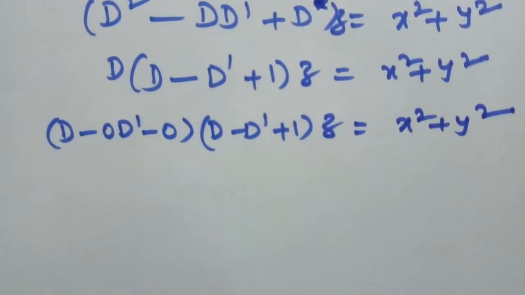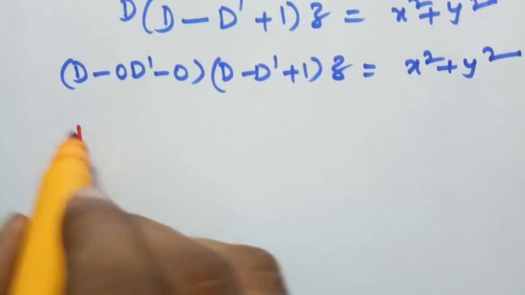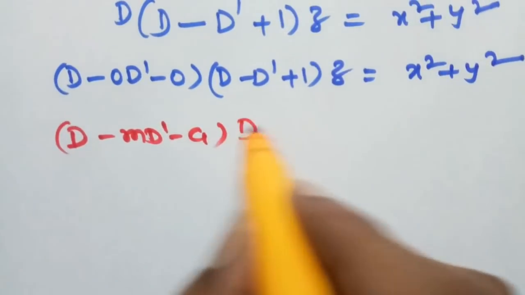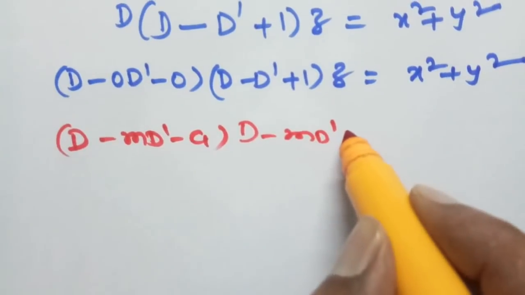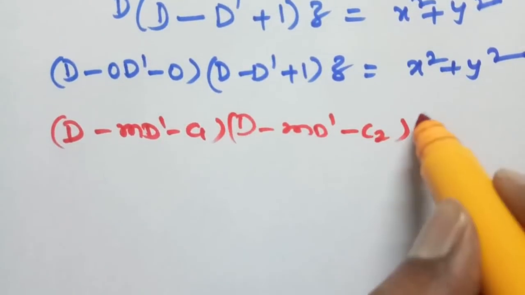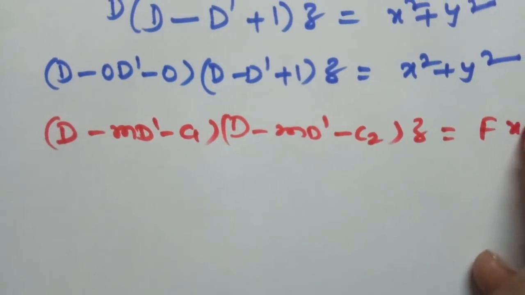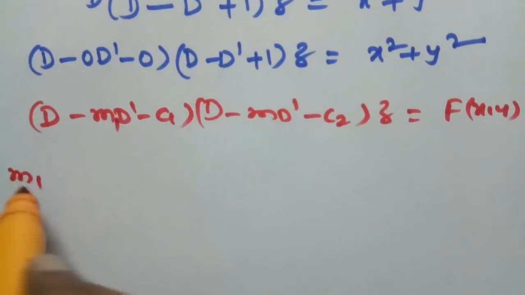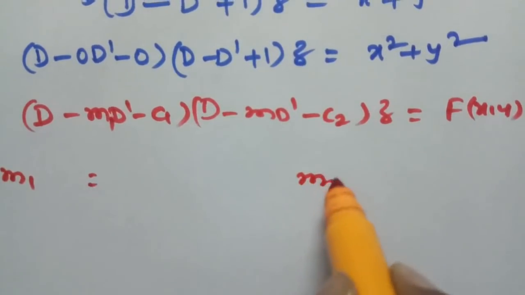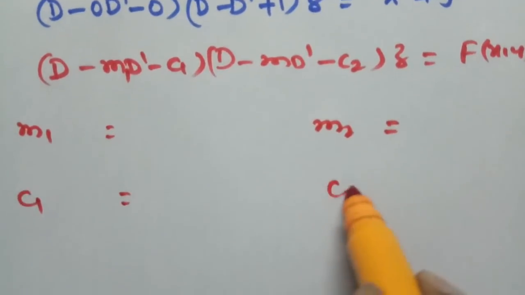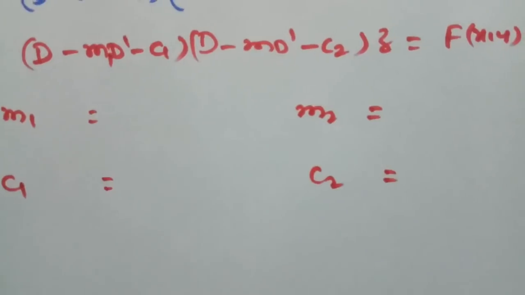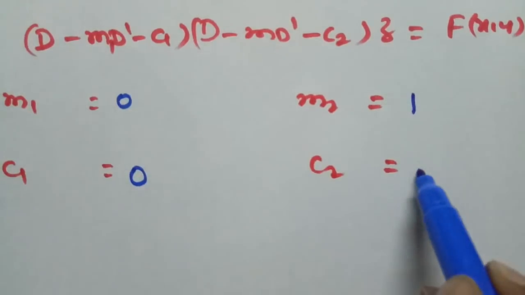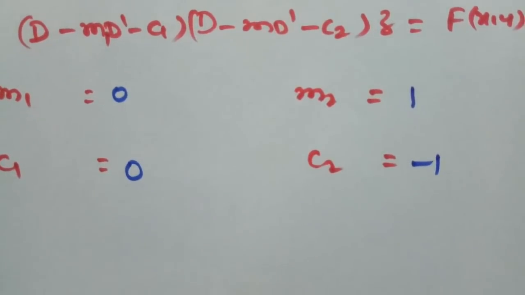Therefore this is of the form (D minus m1 D' minus c1)(D minus m2 D' minus c2) z equal to f of x, y. Therefore here m1 equals 0, c1 equals 0, m2 equals 1, c2 equals minus 1.